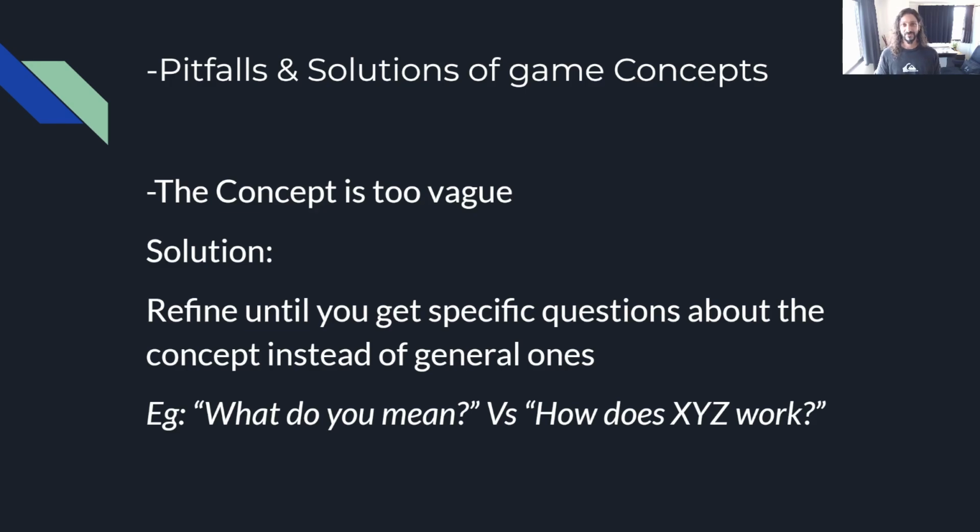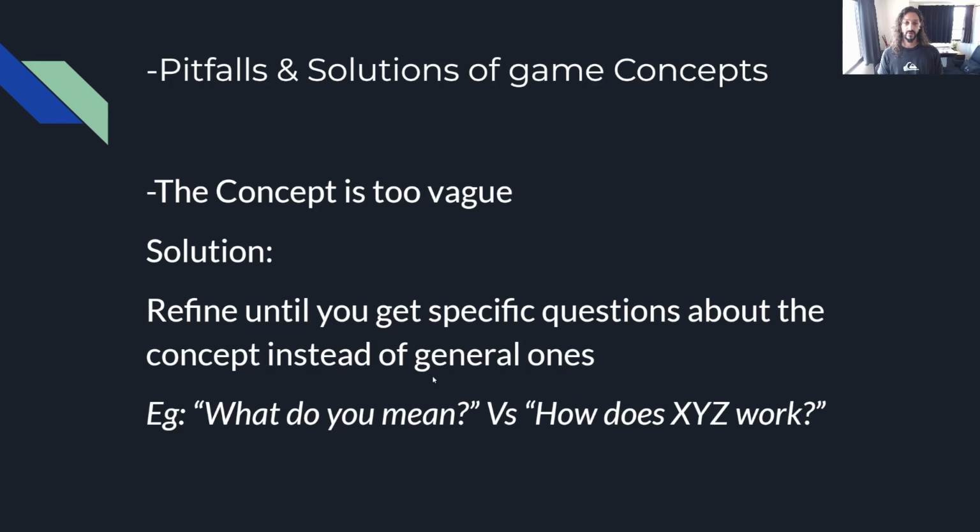Okay, but what's the unique take? What's the special mechanic of the game? Saying that it's just about football, it only leaves the listener with a question. So is it just a pure simulation of football, or are you trying to do something special with it?